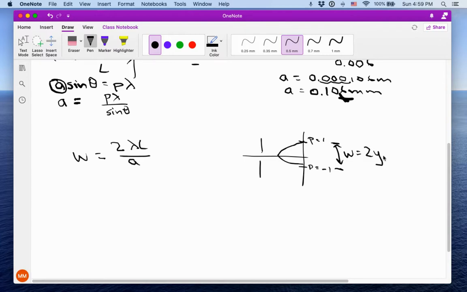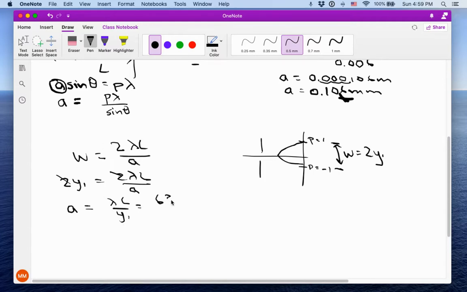So 2y1 here. So I'm going to say 2y1 is equal to 2 lambda L over A. So my 2's cancel. I'm solving for A, so I can just have A and Y1 switch places. So A is equal to lambda L over Y1.